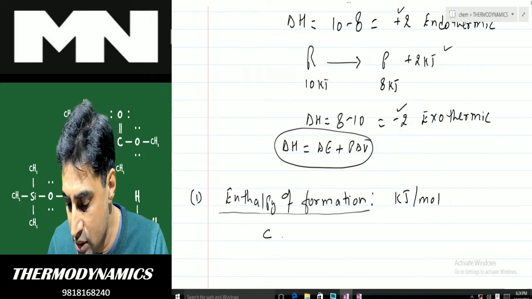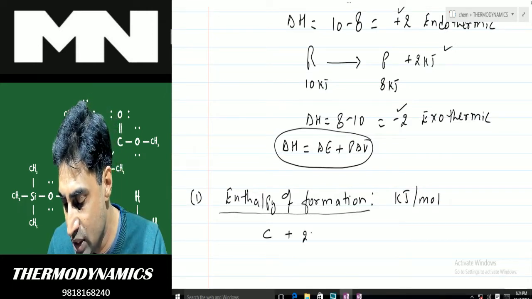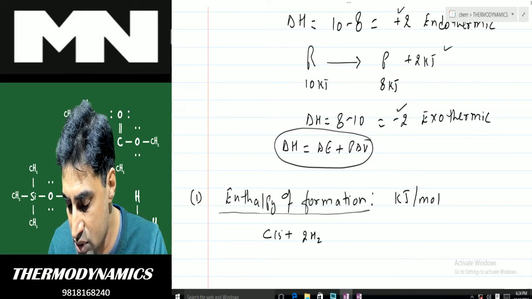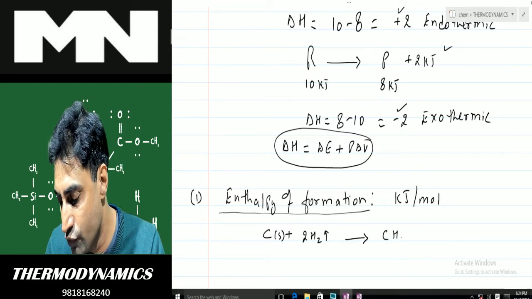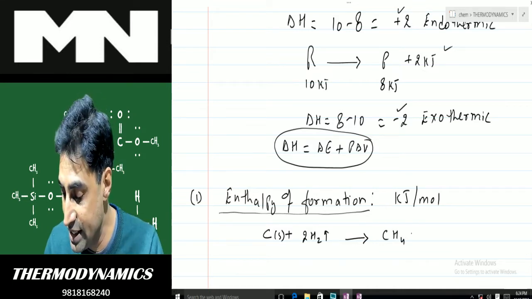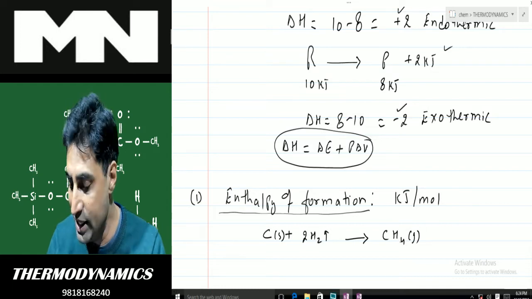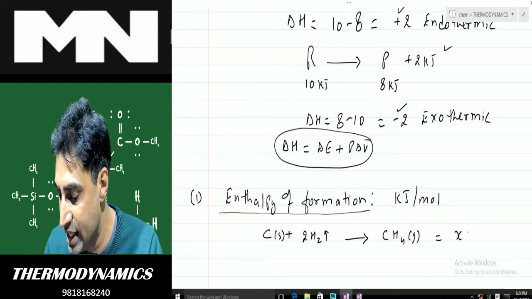Suppose carbon is reacting with hydrogen. Carbon is in the solid state, hydrogen is in the gaseous state, and that is giving me CH4, again in the gaseous state. And the heat energy which is given out is X kilojoule per mole.